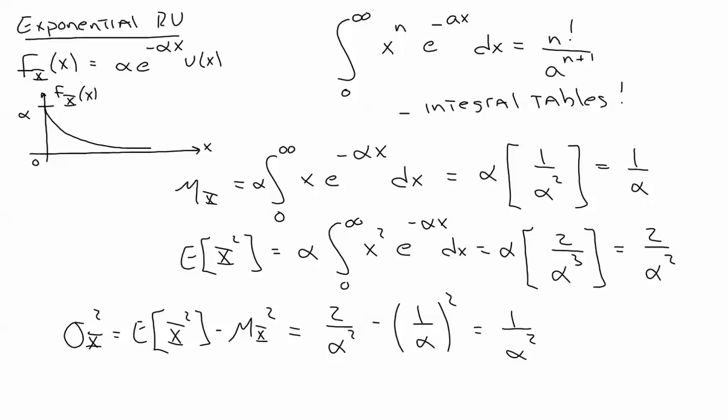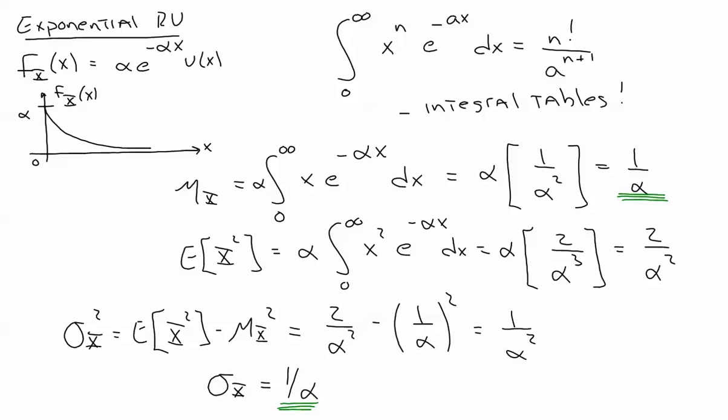Or, taking the square root of that, I can find the standard deviation. Turns out for the exponential random variable that the standard deviation equals the mean value. All right?